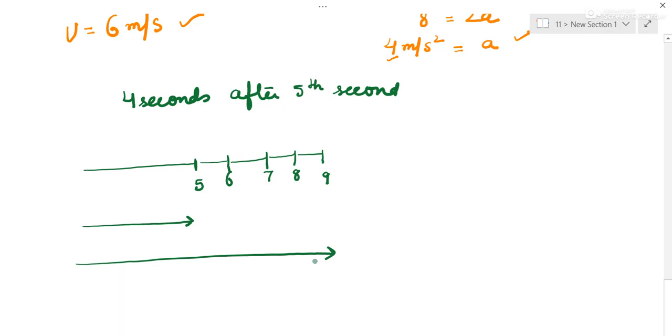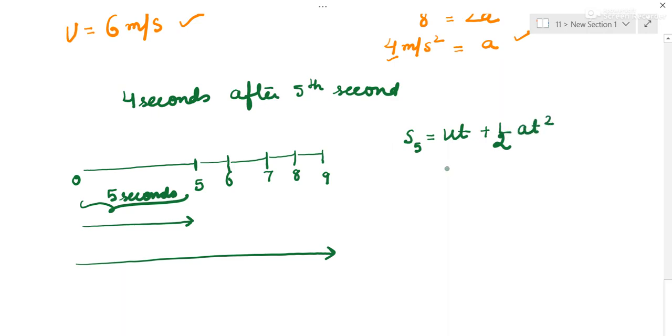Now I need the distance covered in 5 seconds. I am saying 5 seconds, that is a period of time, so I'll be using the second equation: S equals UT plus half AT square.